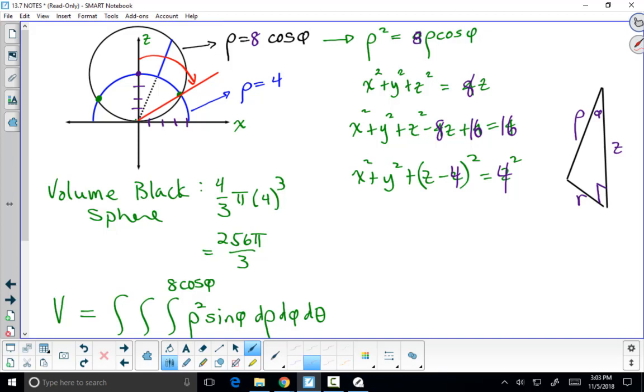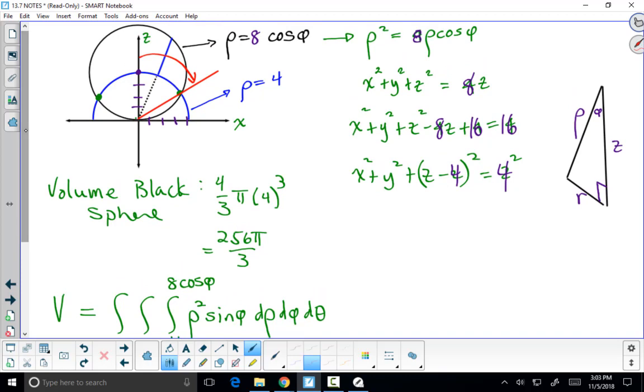To figure it out, we just set the two equal to each other. Cosine of phi is going to equal 1/2. So phi is going to be pi over 3. Well done.